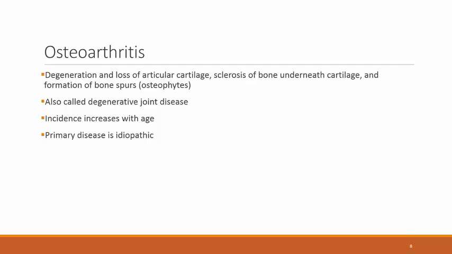The wear and tear of the joints starts in early adulthood and continues with age. The etiology is unknown. It's a so-called primary disease, which is really idiopathic. We can say that the disease can have a multifactorial character, but again, this is a wear and tear disease, and for instance, having sports injuries will increase the incidence or onset of the disease.